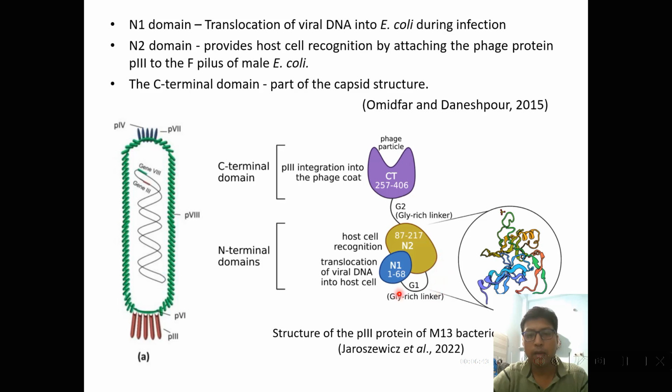All these domains are linked to each other with a glycine-rich linker. The N1 domain is responsible for translocation of DNA from the phages into the bacteria. The N2 domain is responsible for binding of the bacteriophage to the bacteria with the help of pilus. And the CT domain, the C-terminal domain, is the integral part of the P3 protein.